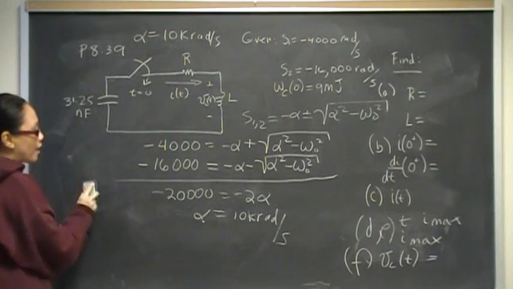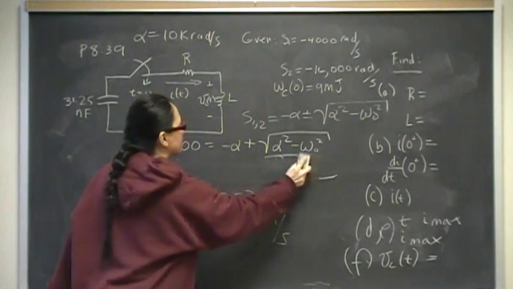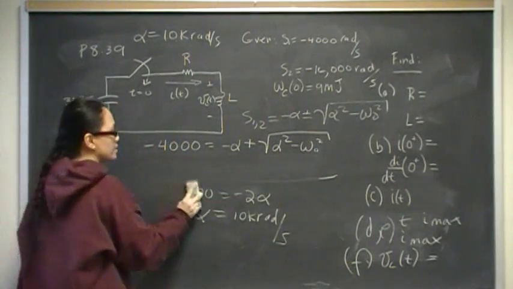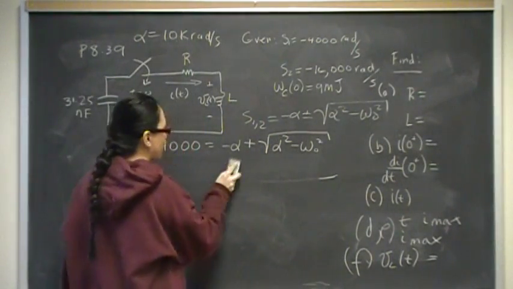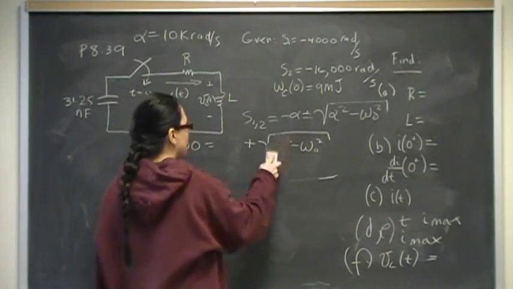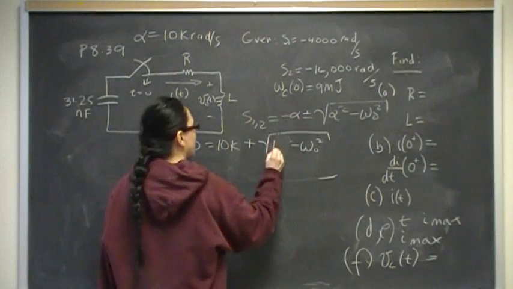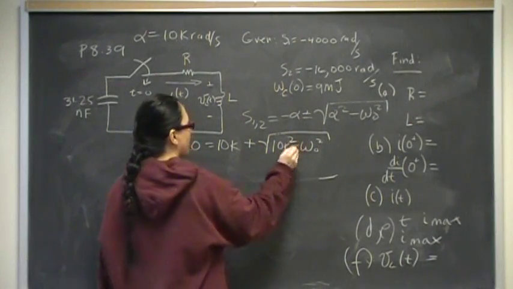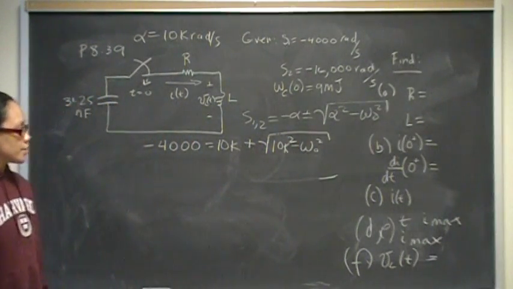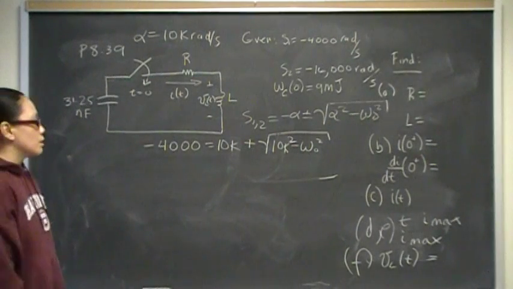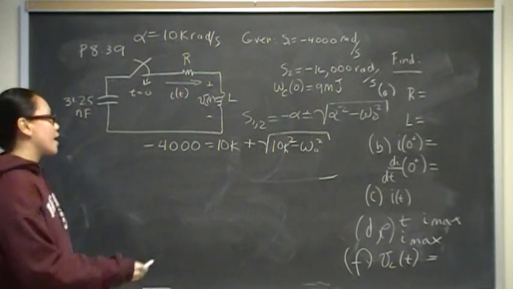So now that I know what alpha is, I can just plug it into either one of my original formulas to find omega naught. So I know that's 10k, 10k squared. I'm not going to solve this. Well, yeah, I guess I'll solve it.